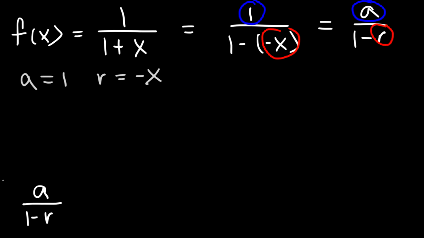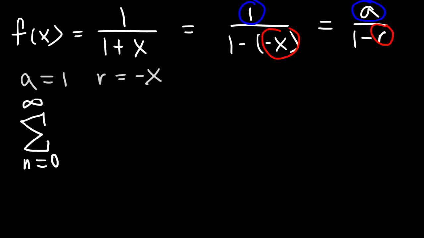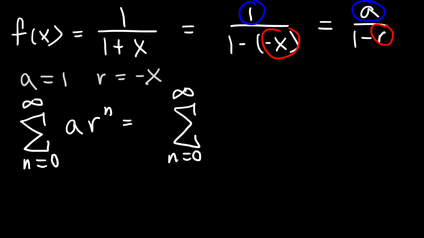So now that we have the a value and the r value, we can now write the geometric power series. It's going to be in this form, the sum from n equals 0 to infinity of a times r raised to the n. So this is going to be 1 times negative x raised to the n power.